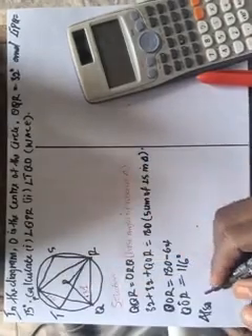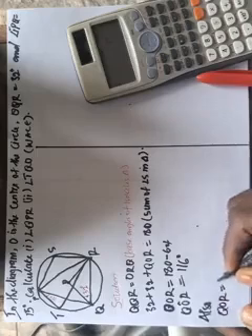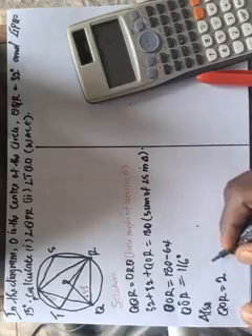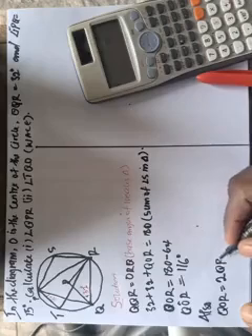So we can say QOR equals 2 QPR. What's the reason?